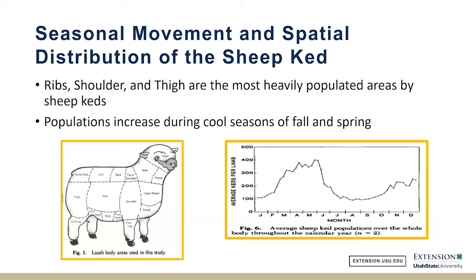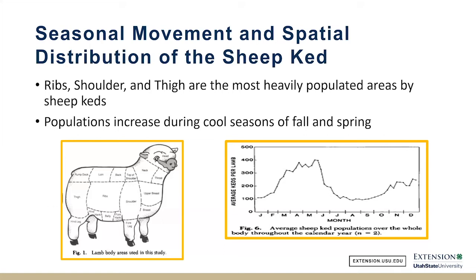In the little diagram of the sheep on the left bottom part of the slide, we see all the different labeled portions of the sheep. You can see the area along the midsection, the thigh, the ribs, and the shoulder, and that's generally where we'll see the most abundance of sheep keds. The belly area generally has a really short staple length, or wool length, and so sheep keds don't like to hang out there much.